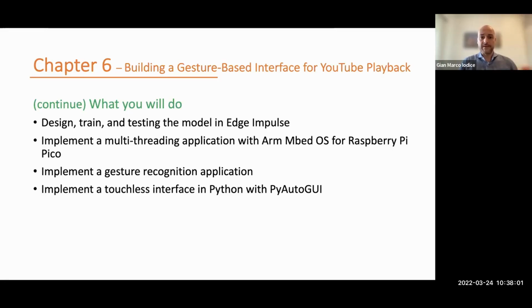We will implement a multi-threading application with ARM Mbed OS for Raspberry Pi Pico. And why will we need a multi-threading application? We need it because we will need to acquire the data and also run the model inference at the same time, or concurrently. And so the reader here will learn how to do it using the ARM Mbed OS API.